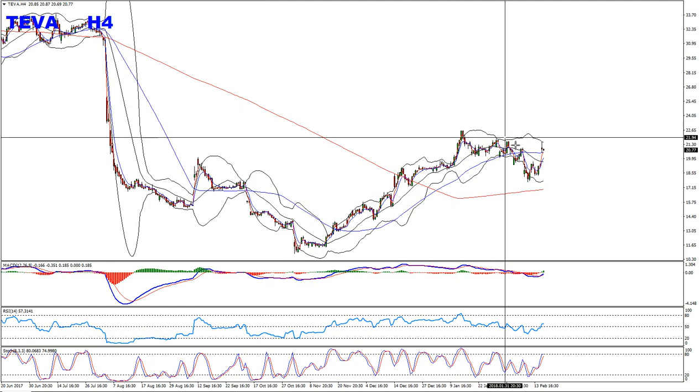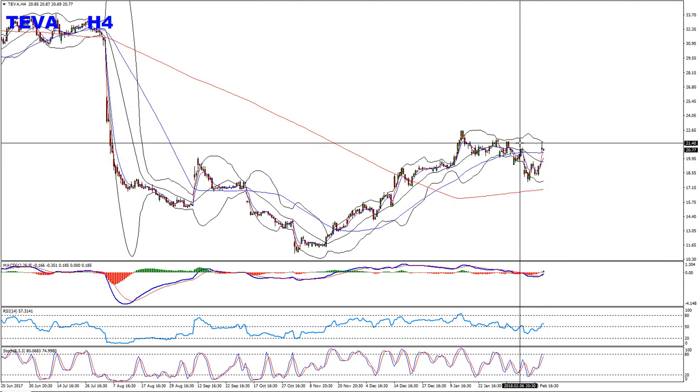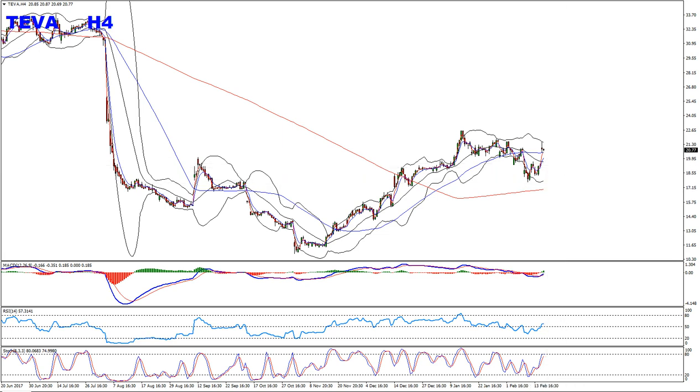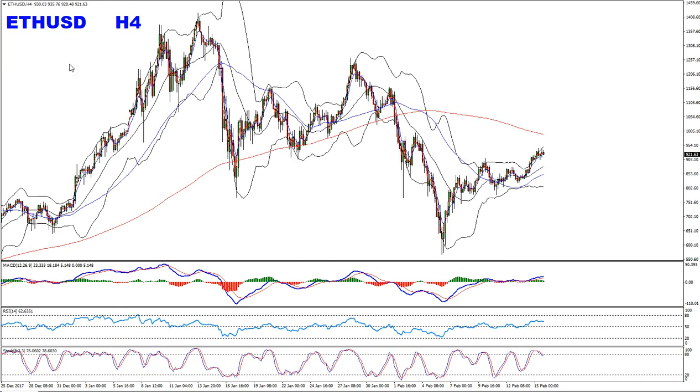Have it in mind. We want to see two waves down and breakouts after bullish divergences, taking it into the bullish direction. As per cryptos, I think it's a good time to start cashing out. This is the Ethereum. We have a trend line right here.